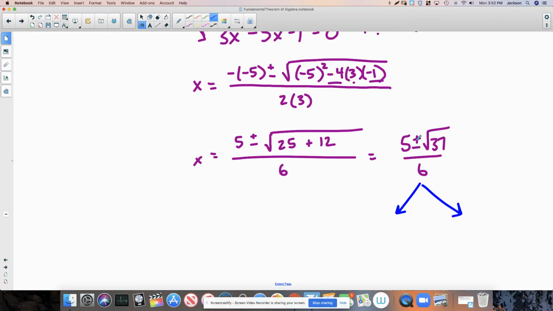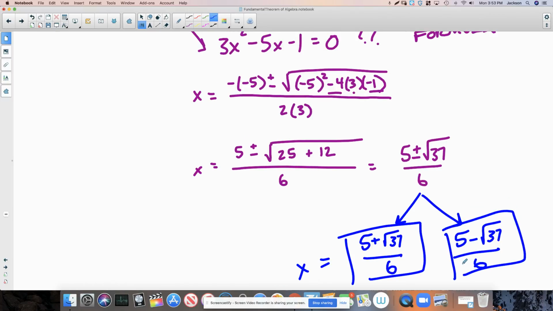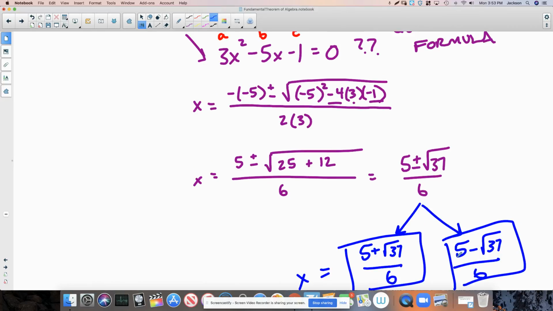So our other 2 zeros are right here. We have the one where we include the plus sign, 5 plus radical 37 over 6, and the one where we include the minus sign, 5 minus radical 37 over 6. These are our other 2 values of x that will produce a value of 0. That was the whole purpose, right?